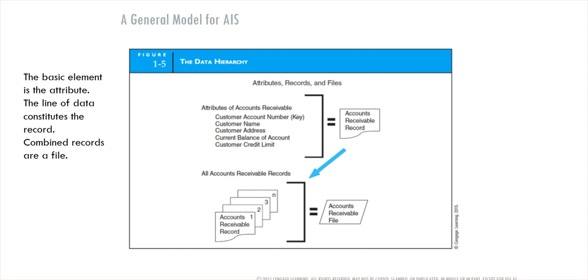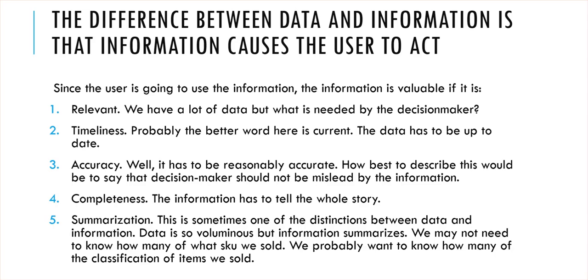Oftentimes they'll say, "What is your cell number?" And you put it in, and they'll find you. And oftentimes, if they don't have that, they'll ask you for your name, and they'll put it in and look for you. So those are keys. We'll return to this when we start talking about databases, but this is your introduction to how all this is going to function.